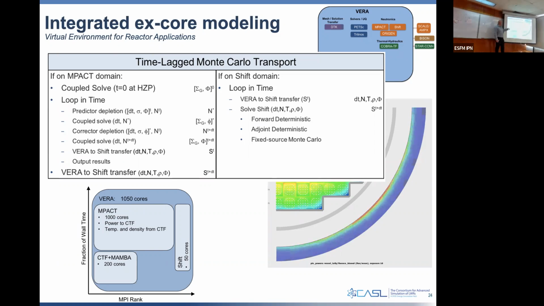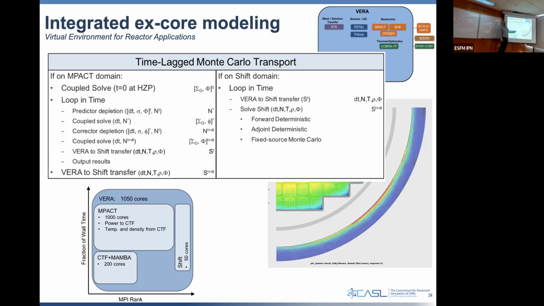The other set of processors just sat there and waited at first. It waited for 30 minutes and 30 minutes and 30 minutes. And then after an hour and a half, it finally got the first data that it could use. It said, all right, now I'm ready to start using my 50 processors and start working. So it was working on time step 1 while this was doing time step 2. And once it got done with time step 2, it passed its data over and Shift said, oh, good, you finally finished.